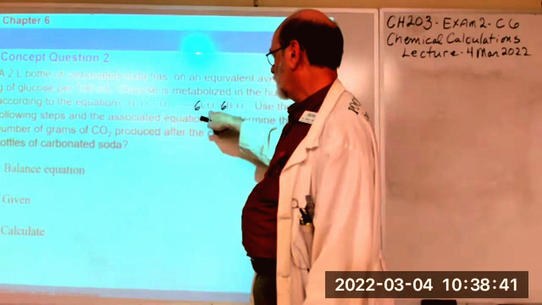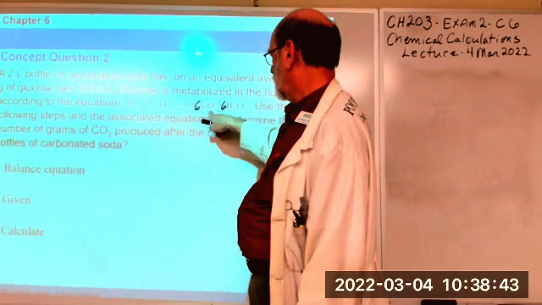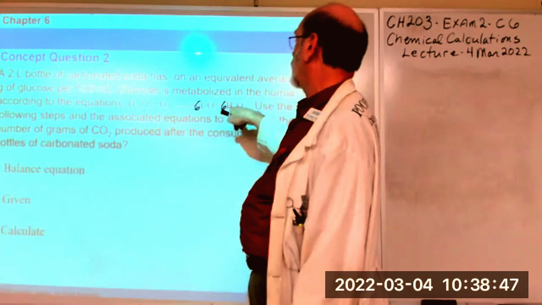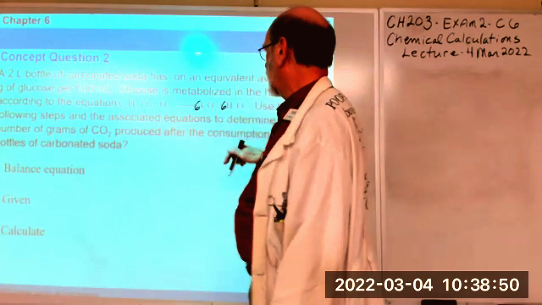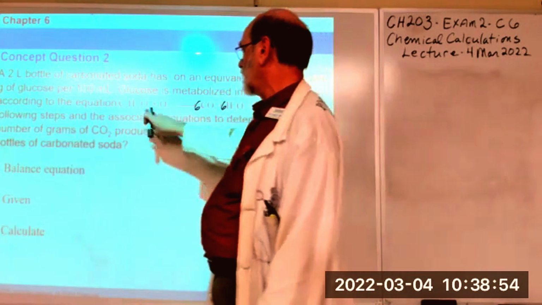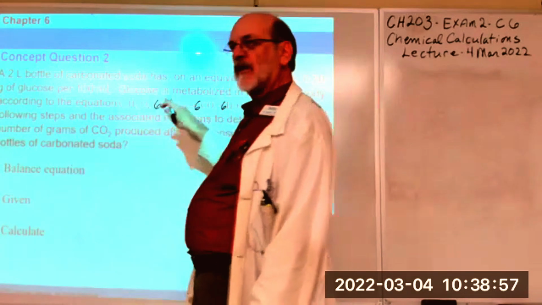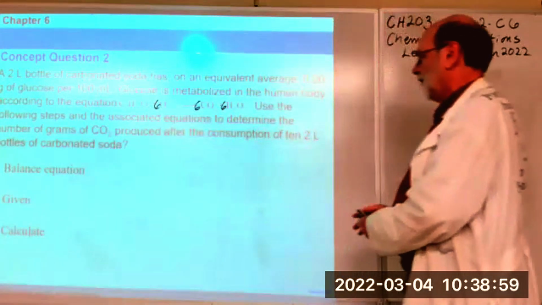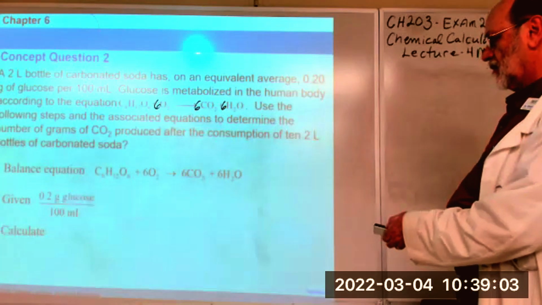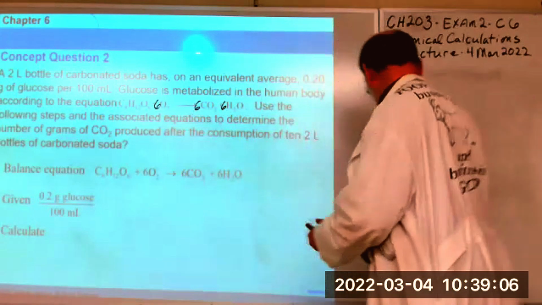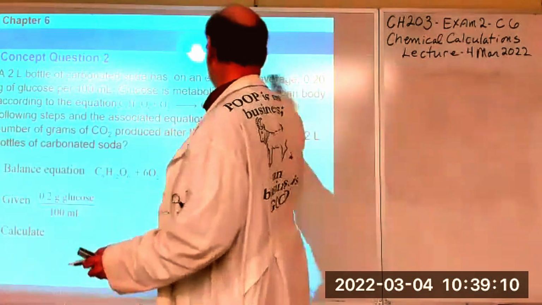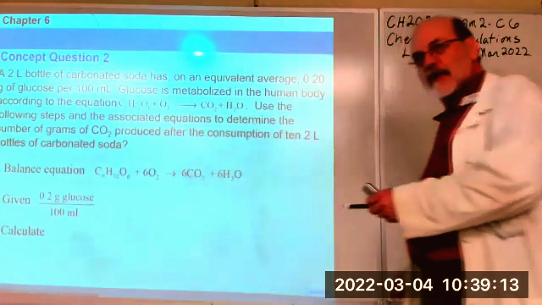And we have 6 carbons, 12 hydrogens. Okay. So now I need, how many? It says 12, 6, 18 oxygens. Well, I got 6 here already. So 12 more will balance it. So that should be down here. Right. There's our balanced equation. If you feel more comfortable in the beginning, set up your budget. That's a foolproof way.